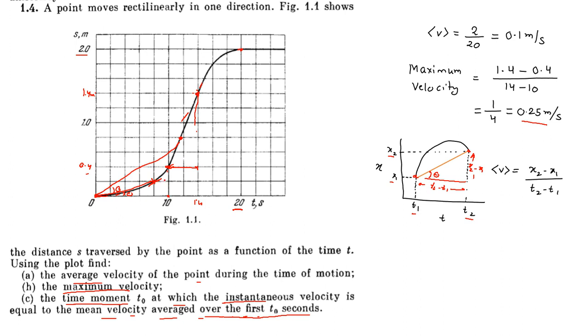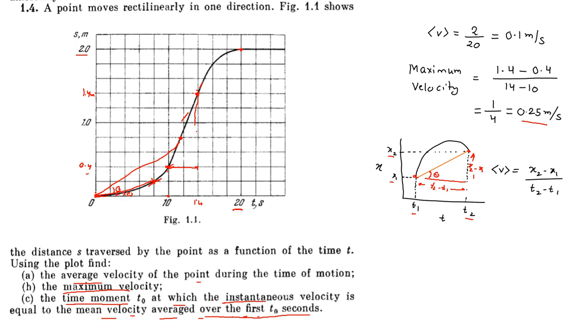In this question we are asked the time t0 at which the instantaneous velocity is equal to the mean velocity averaged over the first t0 seconds. So what we do is draw a line from point O such that it is tangent to the curve.